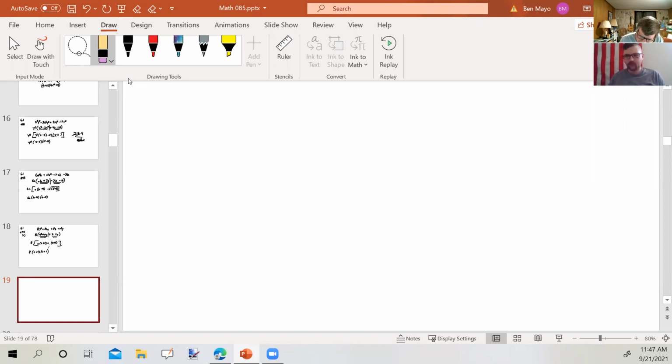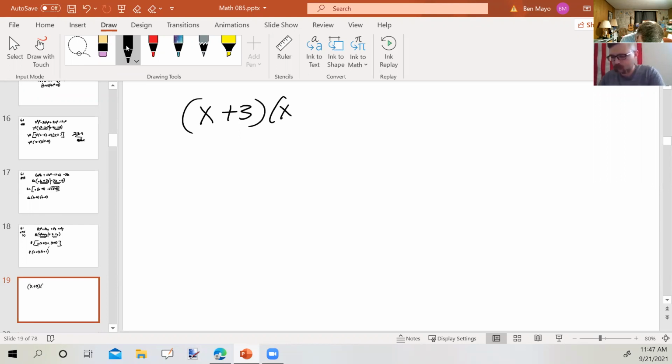Let's say we have something like this. x plus 3 times x plus 2. Okay. And we're asked to multiply. So we do what the book calls FOIL, and that is we do the first times the first, x squared.